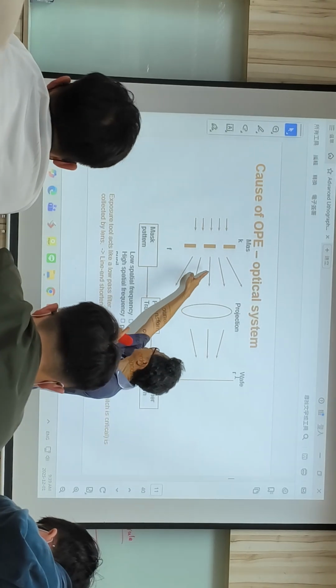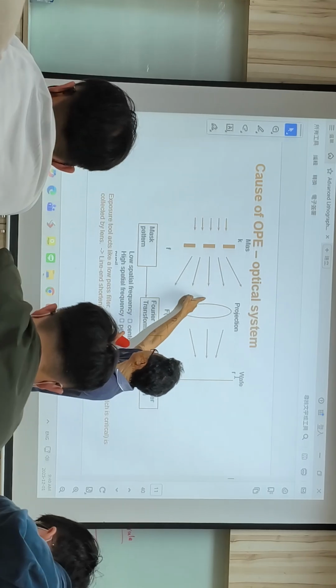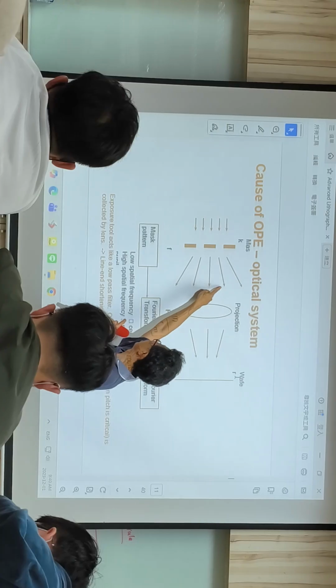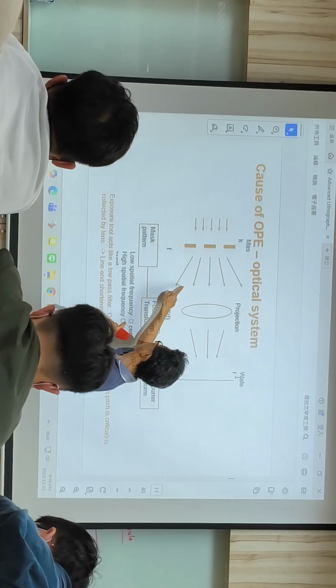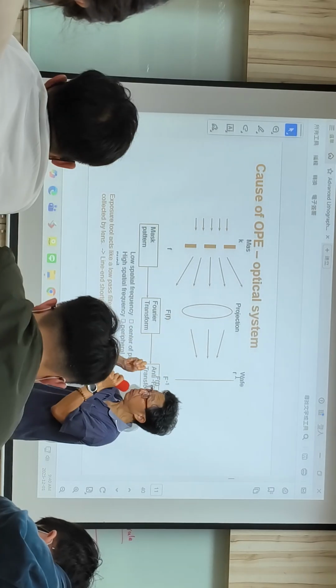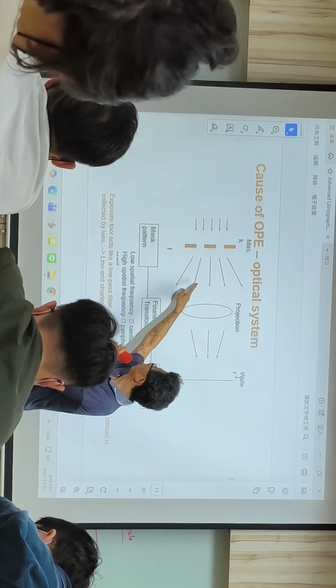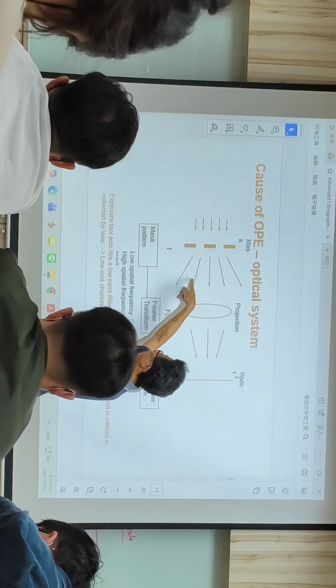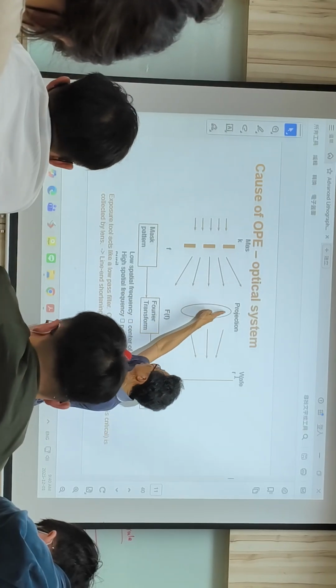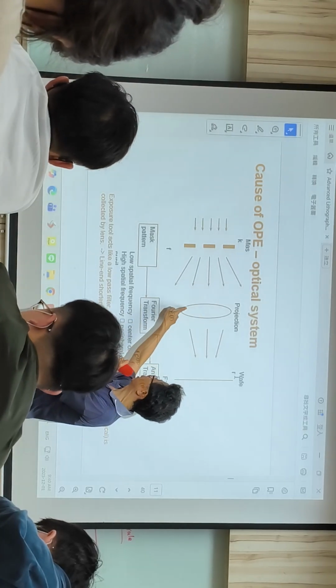As I mentioned before, this is the 0 order, and this is the first order, and plus 1, plus 2, minus 1, minus 2. And for high resolution patterns, we can only collect positive and negative 1, including 0. That's all that can be collected.